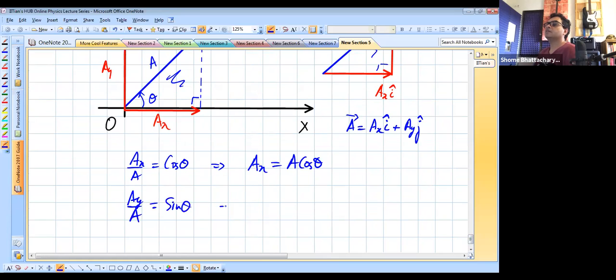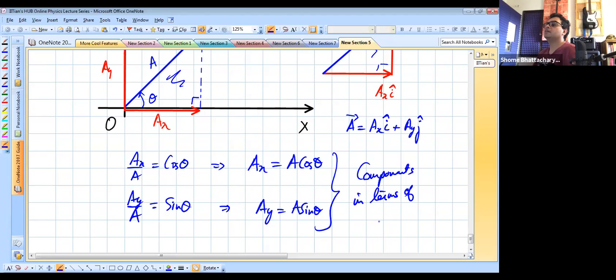So given that we know A and we know theta, we can find out Ax and Ay by using these formulas. So these two formulae now represent our components in terms of the geometry, that is the vector A, its magnitude and its angle theta.